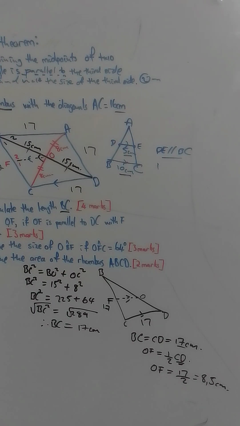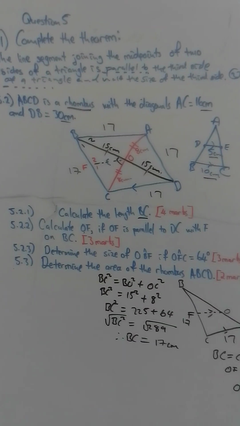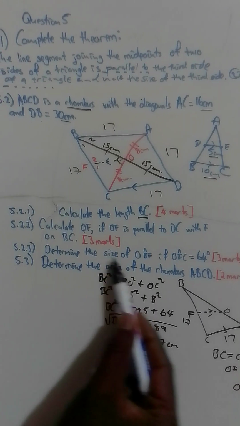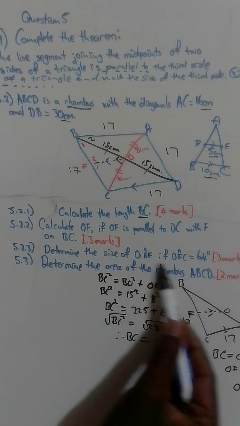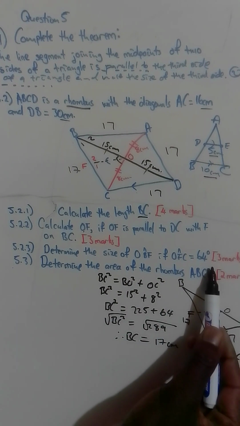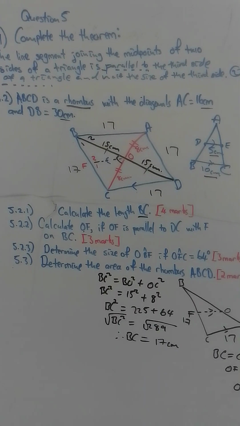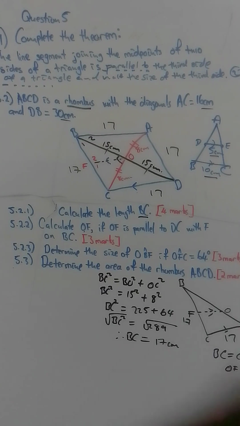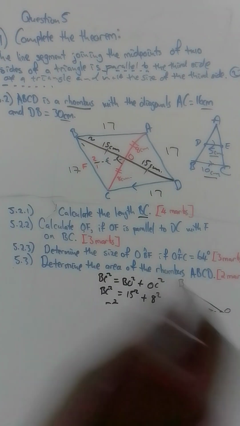Then we go to the next question. Next question, it's also tricky. Now, they say determine the size of angle OBF if angle OFC is equal to 64 degrees. What am I going to do here? I'm just going to erase here so that I can extract from this diagram.